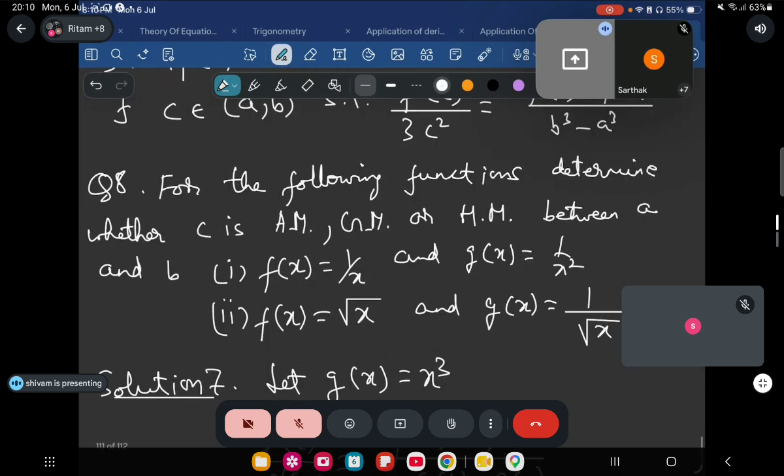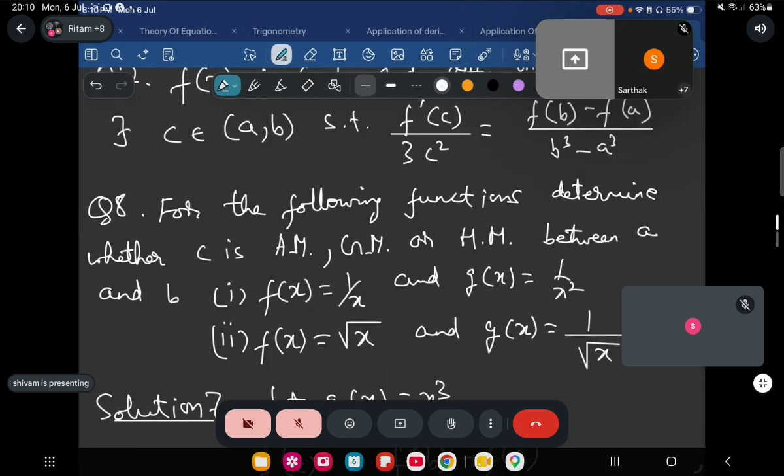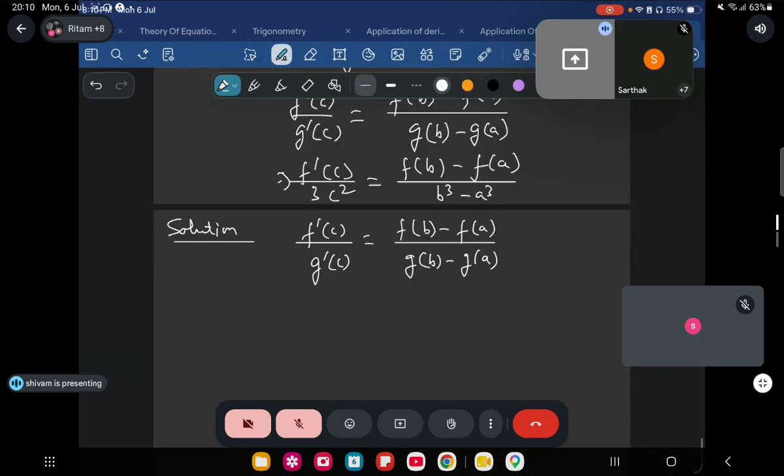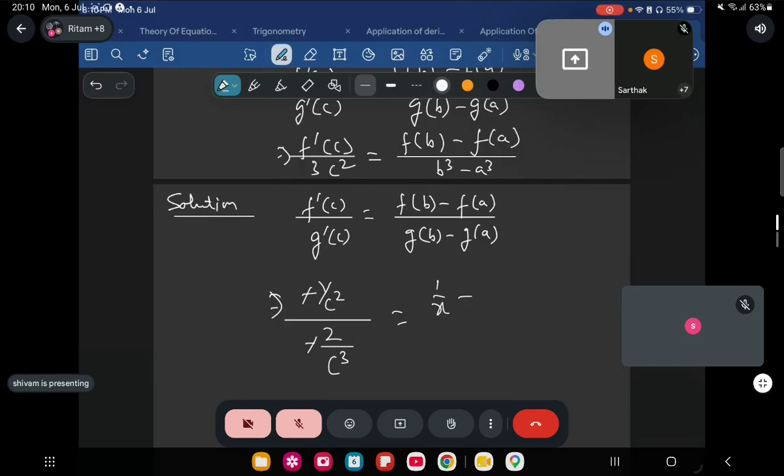We need to find out whether it is AM, GM, or HM. f dash c by g dash c is minus 1 by c square upon minus 2 by c cube. The right side is 1 by b minus 1 by a upon 1 by b square minus 1 by a square, right?